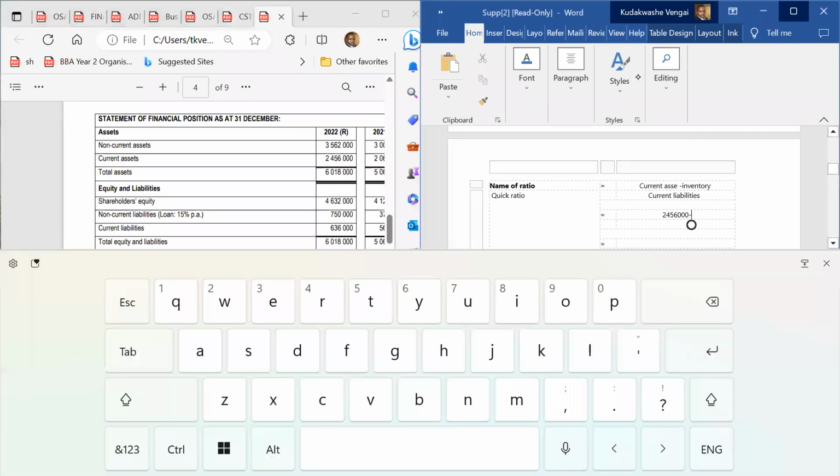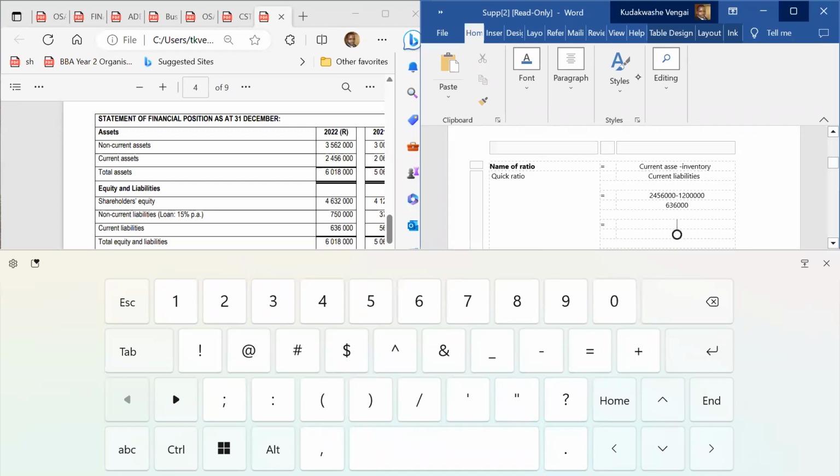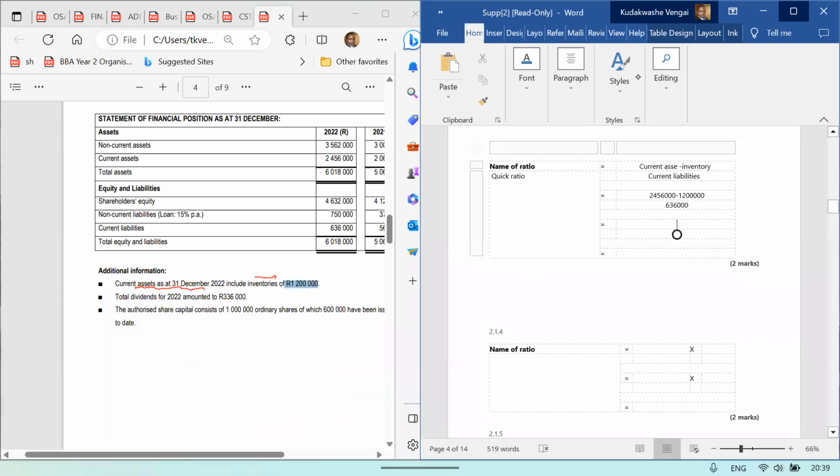So you subtract 1.2, divided by the current liabilities, which is 636. And then you calculate and you get your answer for that. So that's essentially how you would be completing the solutions.